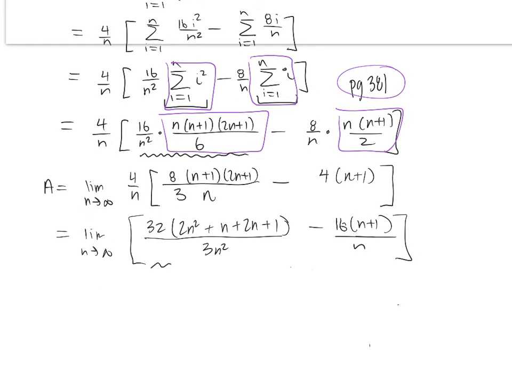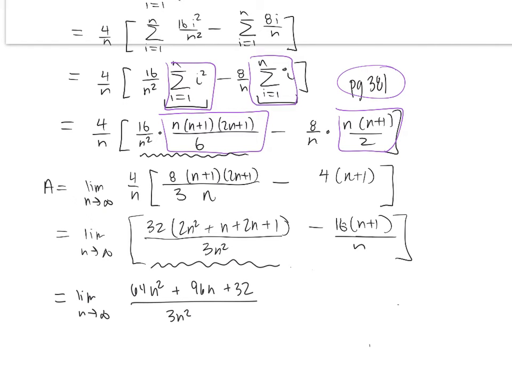With this first limit, who are the important components that actually matter when you find it? Look at the powers in the top and the bottom. The highest powers are the same, right? So where's that limit going to go? Let me write it one more time. Limit as n goes to infinity of 64n squared plus 396n plus 32 over 3n squared.